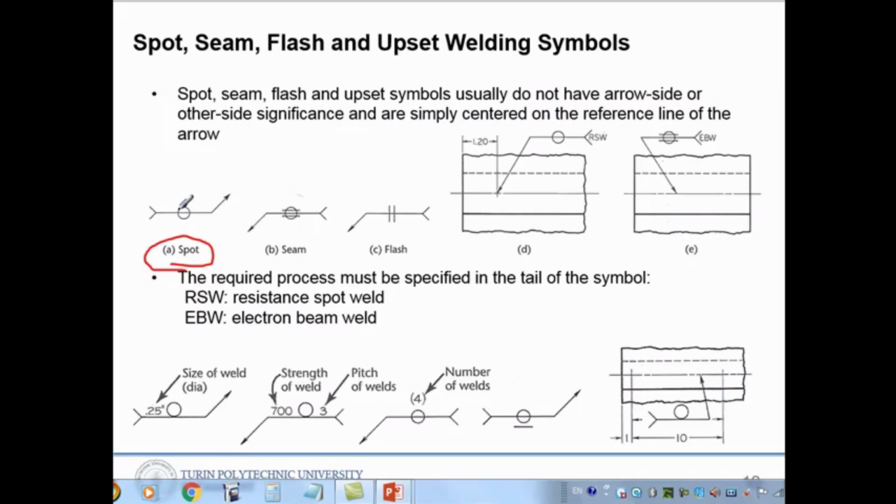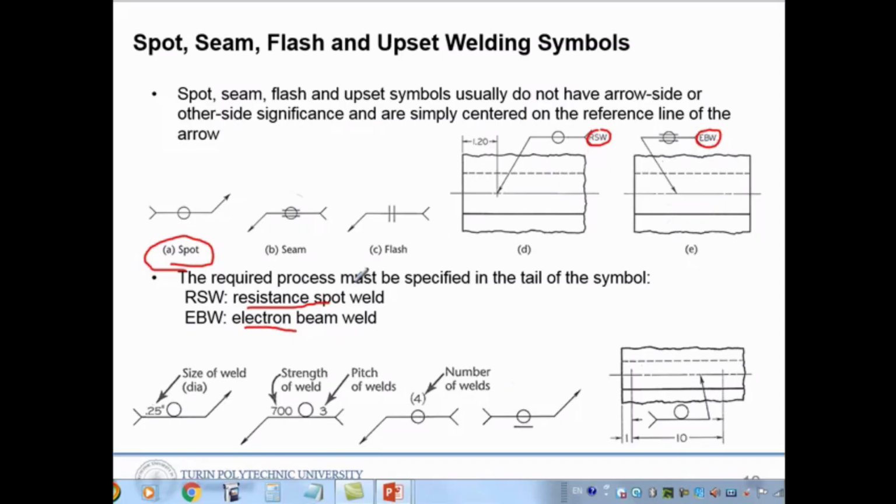The seam welding is shown as a circle with parallel lines, and this is a flash welding. On the right-hand side there is RSW and EBW. RSW means resistance spot welding, and EBW means electron beam welding.